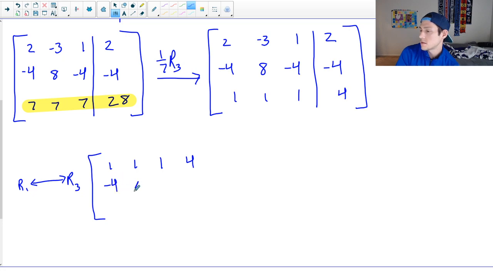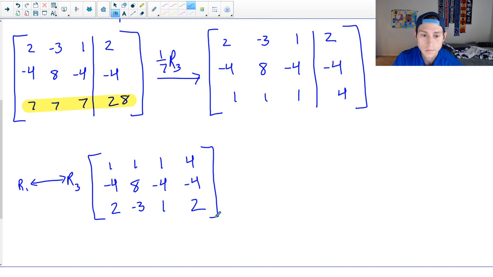Second row stays the same. Two, -3, 1, 2. And then my vertical bar.